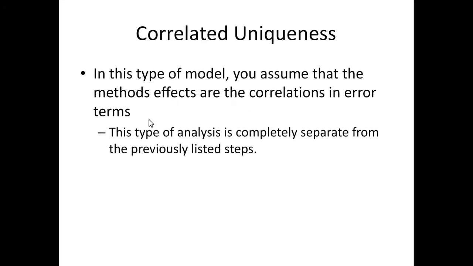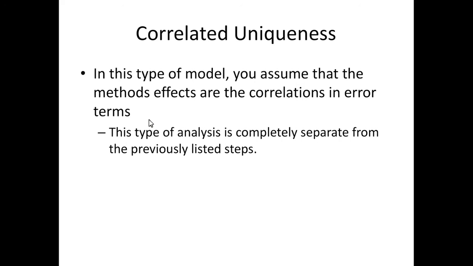Alright, the other sort of flip side is to try a correlated uniqueness model. So in this particular type of model, instead of including methods latent variables, you just correlate their error terms. And so kind of, if I think about this, it makes a lot of sense, because we assume, we talked about this in CFA a little bit, that the methods are correlated because they're on the same scale.